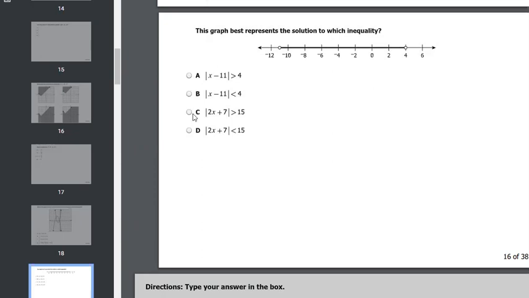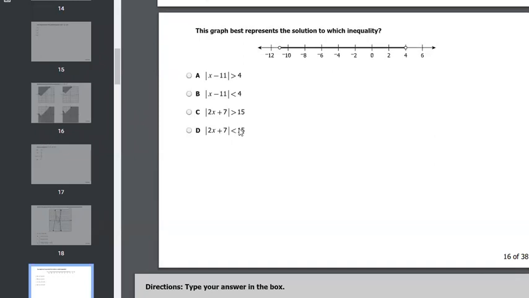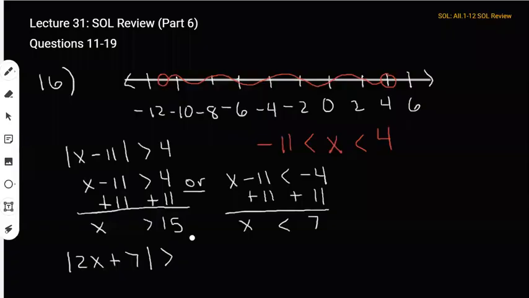So let's check out C and D. I've got 2x plus 7. We'll start off with the greater than. And then we have 15 on the other side.